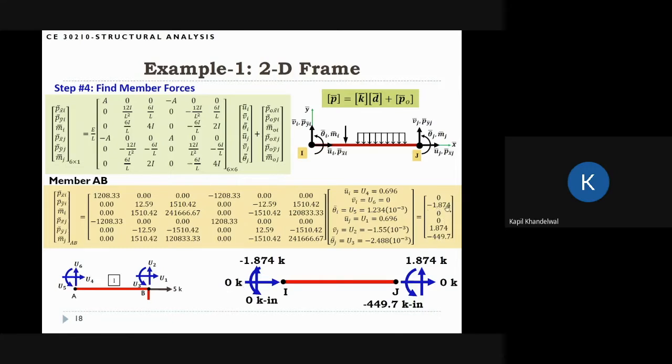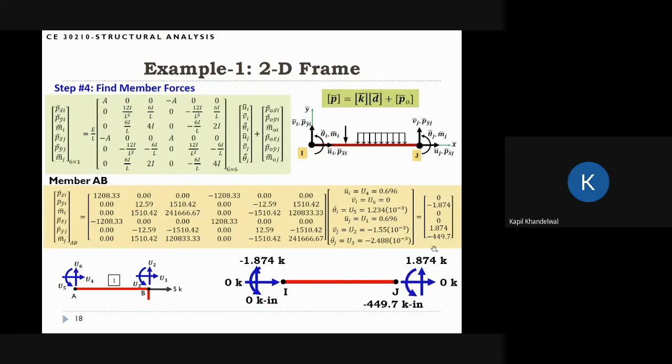Second is PYI, this is minus 1.874. Third is 0, this is the moment here. And the fourth number is PXJ, that is also 0. And then the fifth number is PYJ, this is 1.874. And the last number is this moment here, minus 449.7.